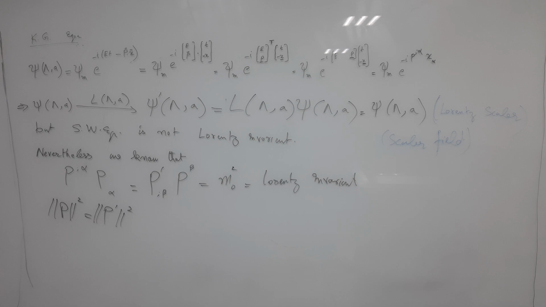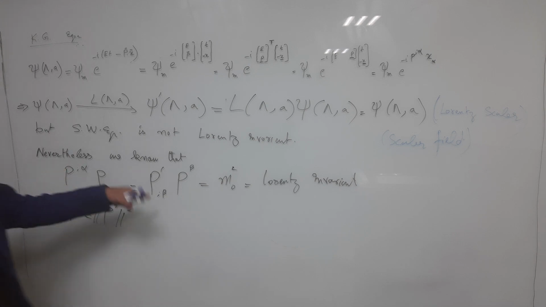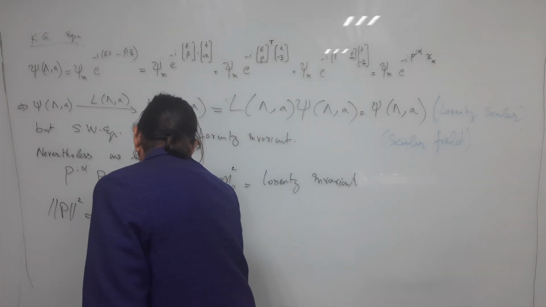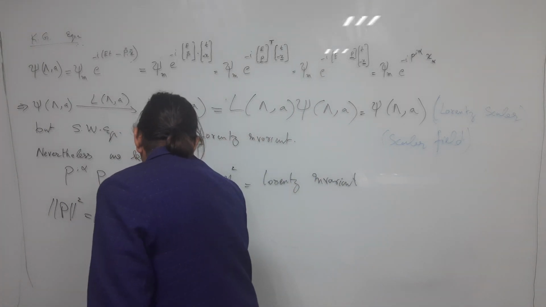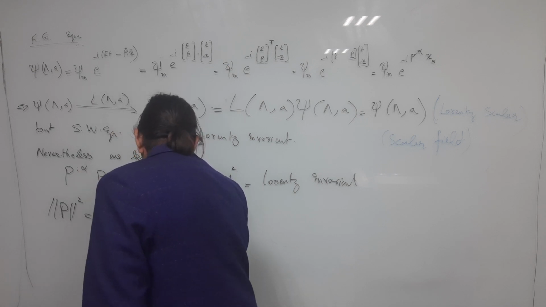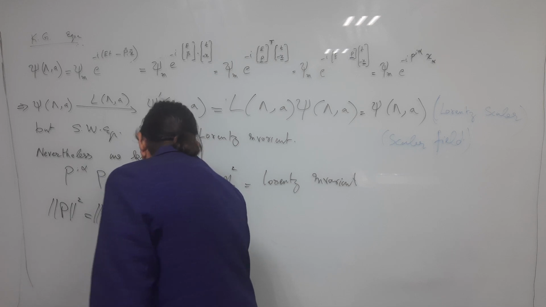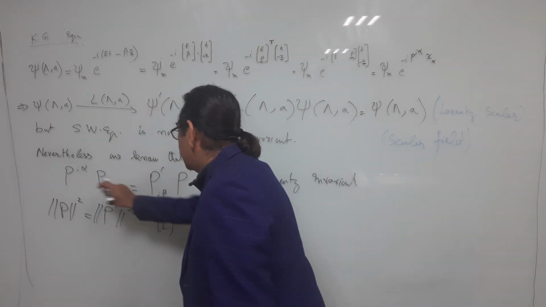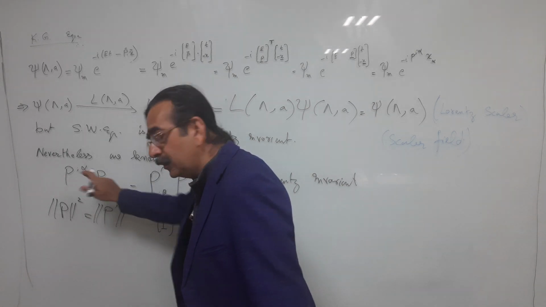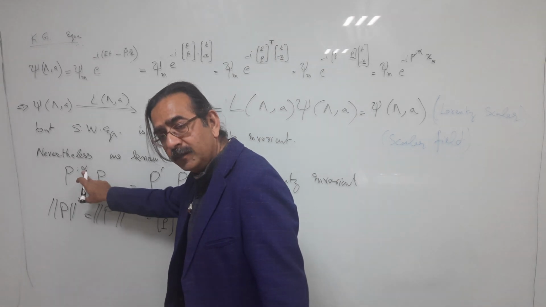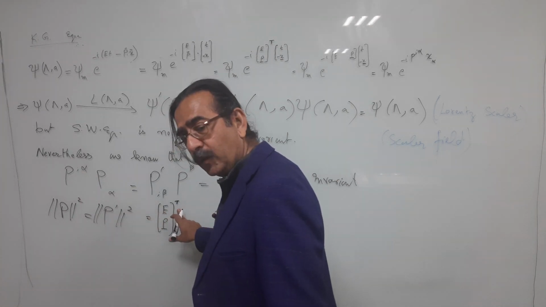So this is very simple. But what is P alpha? P alpha in contravariant form is (E, p), a column, so here there will be a transpose.